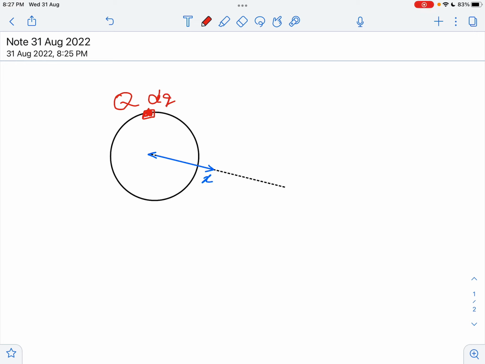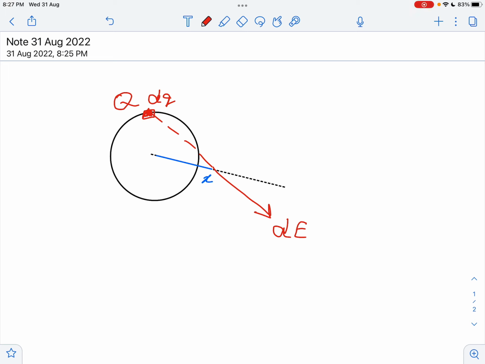So this dq is going to create an electric field at this point. So the electric field at this point from dq is gonna look like that. That is dE. dE is the electric field created by dq.